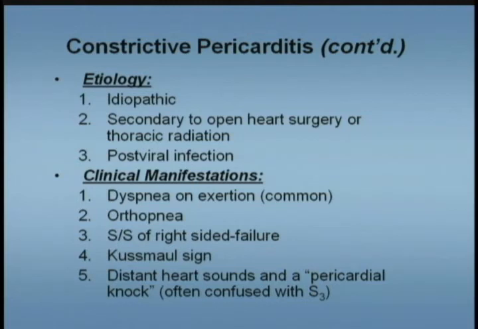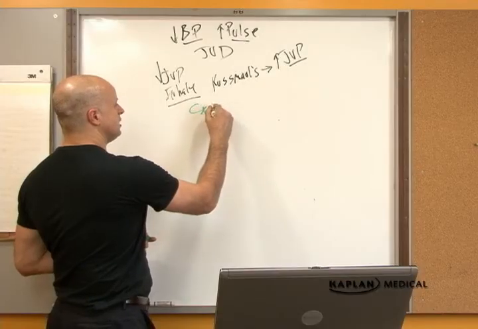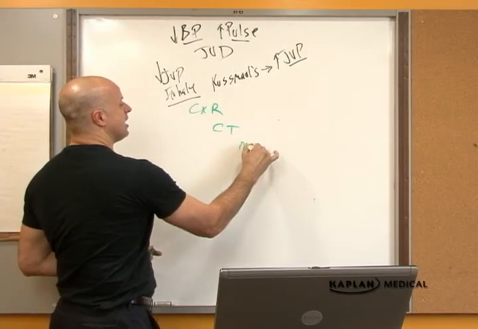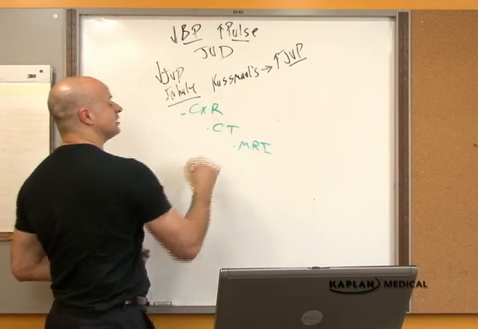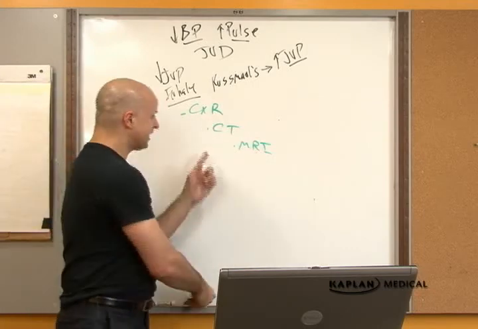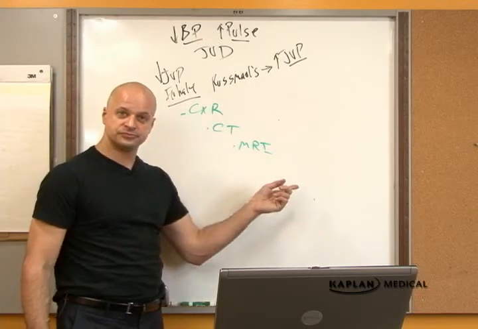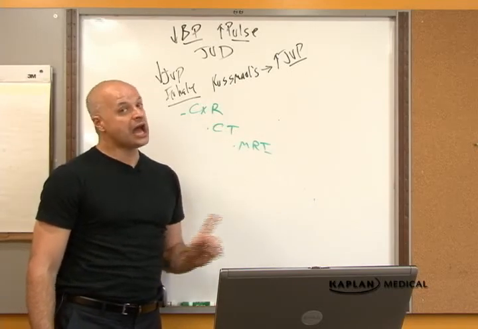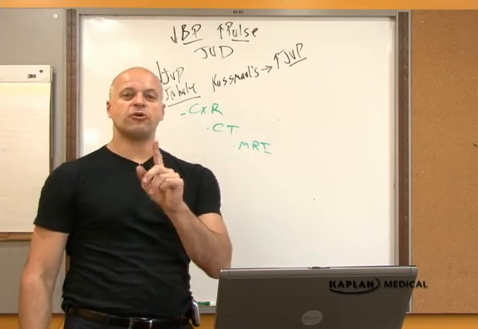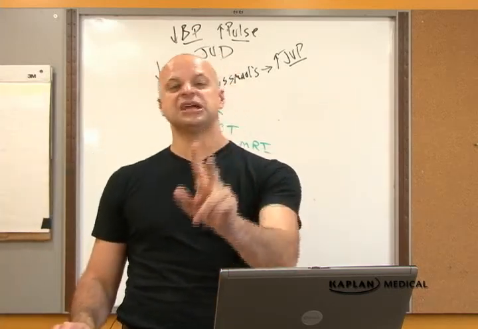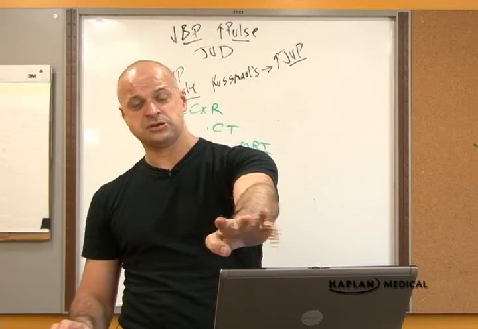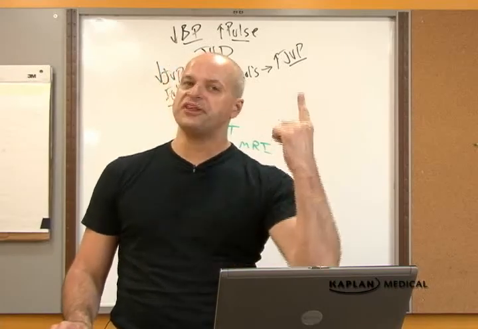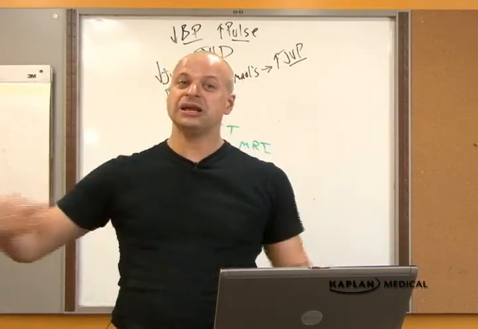Constrictive pericarditis. Neck veins go up in inhalation. Kussmaul's sign. Now, the most accurate test for constrictive pericarditis is to do an echo or a chest x-ray or a CT or an MRI looking for the anatomic thickened calcified box called the pericardium. However, before you get to the chest x-ray, the chest CT, and the MRI, you can tell from the knock and the Kussmaul's.